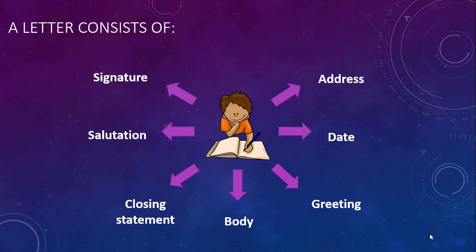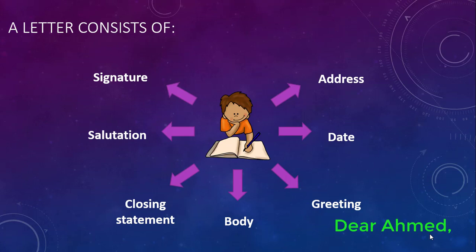The address and the date are very clear, whereas the greeting is the first sentence at the top of the letter before the body, in which you write dear plus the name of the person to whom you are going to send the letter. For example, if you are going to send the letter to me, you have to write dear Youssef. If you are going to write it to your friend Ahmed, you have to write dear Ahmed.